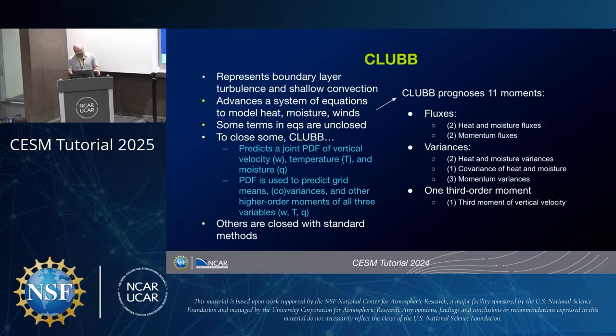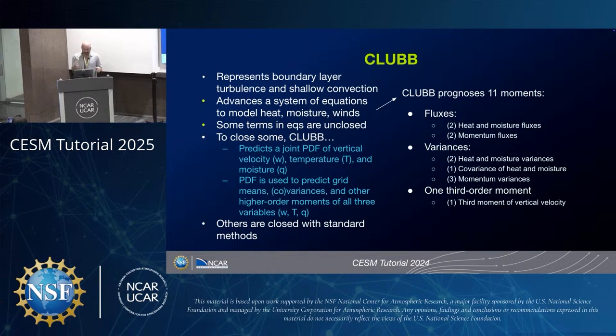So again, I'm not showing you these equations, but they're big, complex equations with lots of terms in them. Some of the terms are unclosed, which means that we can't calculate them on the information that we actually have available to us in the model. So like there might be an even higher order term that we just don't have an equation for.